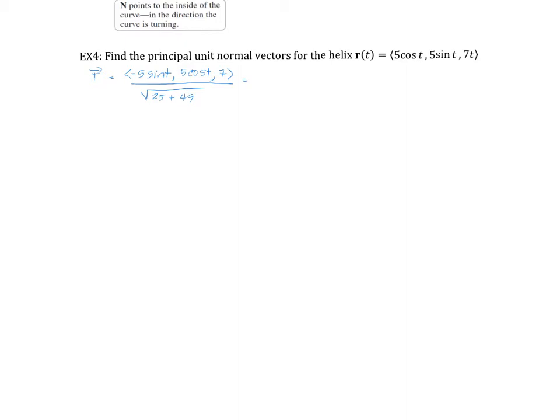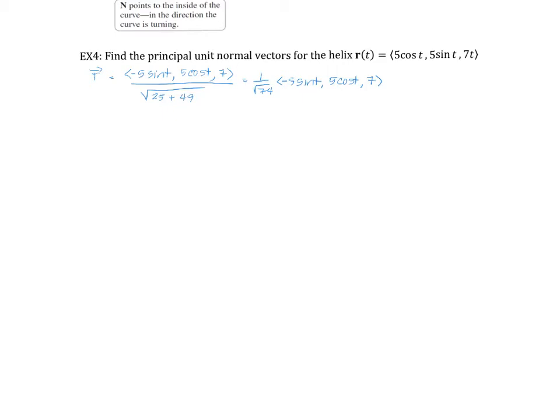So this turns out to be 1 over the square root of 74, and our vector is -5 sine, 5 cosine, 7.